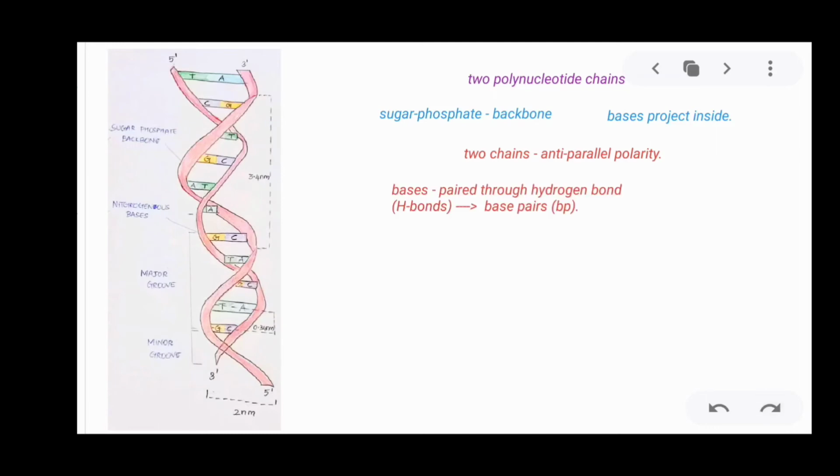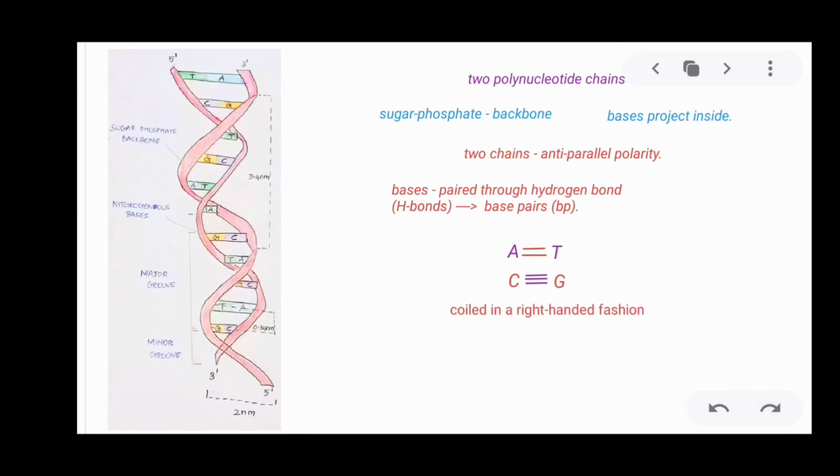Then the bases are paired through hydrogen bonds, and when the bases are paired via hydrogen bonds, they are called base pairs. Then adenine and thymine are bonded by two hydrogen bonds, and cytosine and guanine are bonded by three hydrogen bonds.